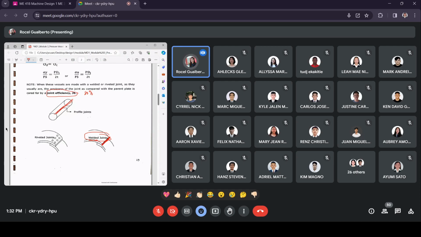Then you come up with this welded joint. And this one, the circles, represents your rivet. So you have several rivets in order to join the parts of your plate, to come up with your vessel.